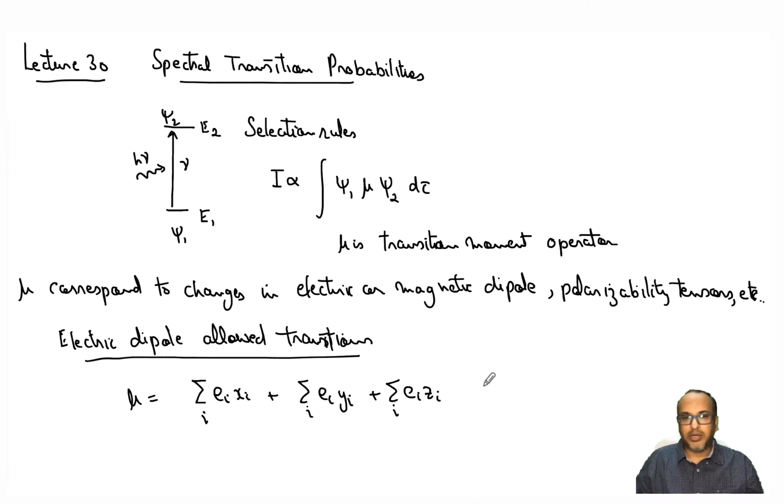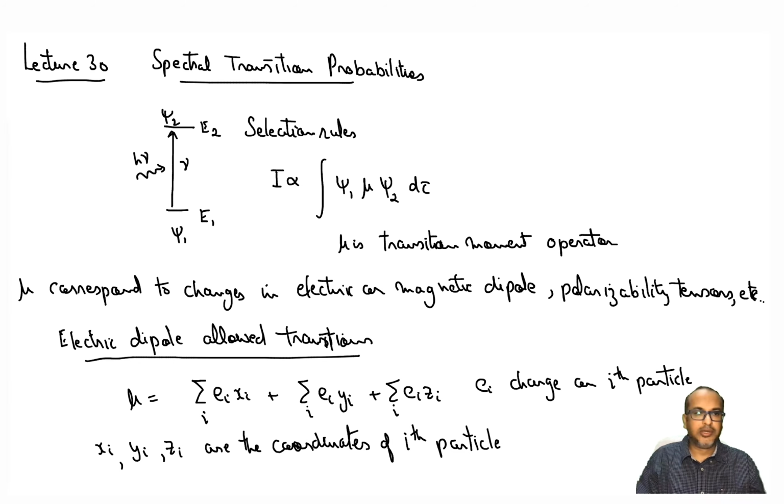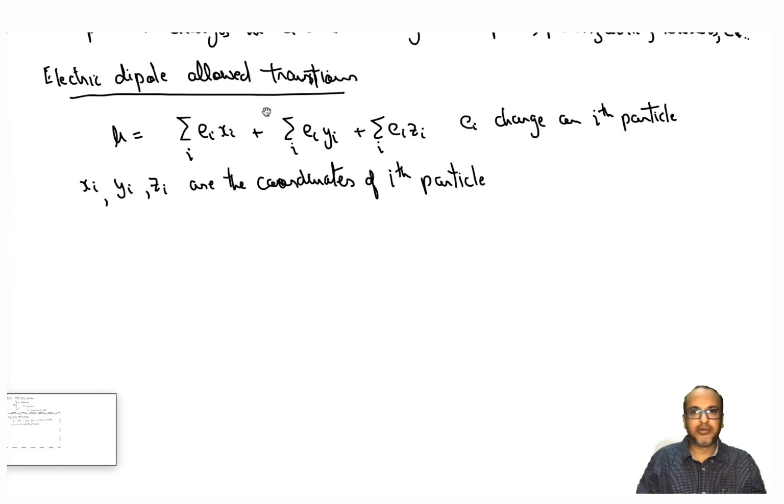So what is e_i? e_i is the charge on the ith particle, and x_i, y_i, z_i are the coordinates of the particle. So these are the coordinates and charge.